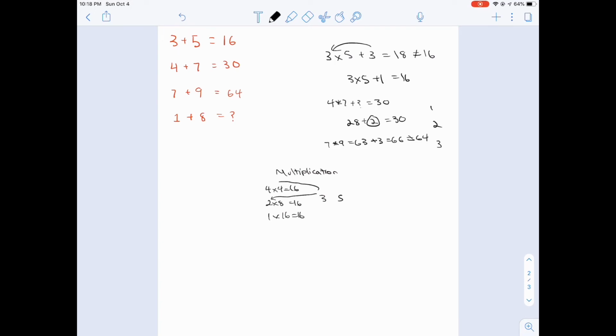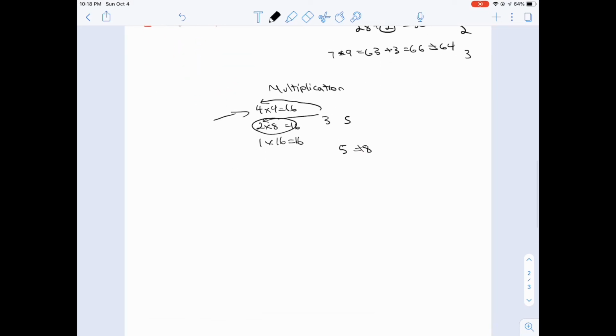Well, 3 is close to 2 and 4, but if we're using 2, 5 is not close to 8. So it can't be 2 times 8 equals 16. So let's try 4 times 4 equals 16. Well, to get 4 times 4 from 3 and 5, we need to add 1 to 3, which gets us 4, and we need to subtract 1 from 5, which gets us 4. So let's use this method.